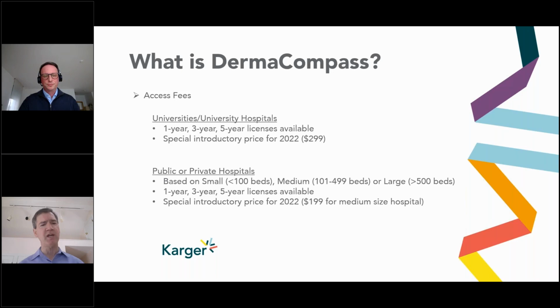Within each tier, we focused on one-year, three-year, and five-year licenses. You can see the introductory price for this year for both tiers. And for a three-year and a five-year license, of course, there are discounts involved too. If you want to learn more about that, please reach out to either me or Fritz, and we'd be happy to tell you more about licensing fees.